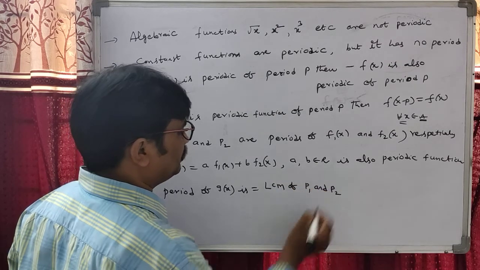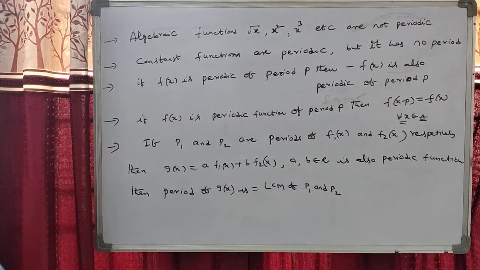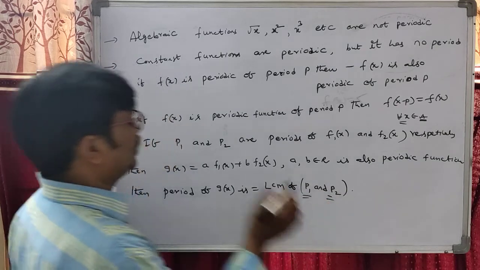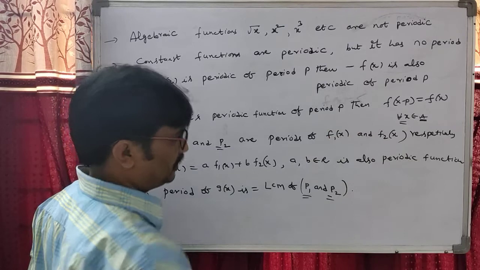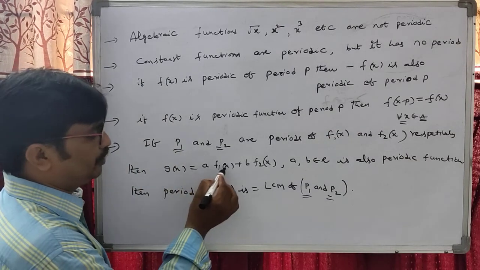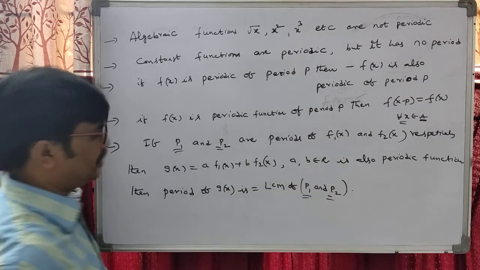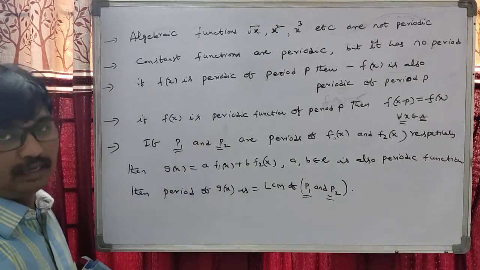Do you understand, students? LCM of P1 and P2, where P1 and P2 are the periods of the two functions respectively. Suppose g of x is a into f1 of x plus b into f2 of x and is a periodic function, then the period of g of x is the LCM of P1 and P2.